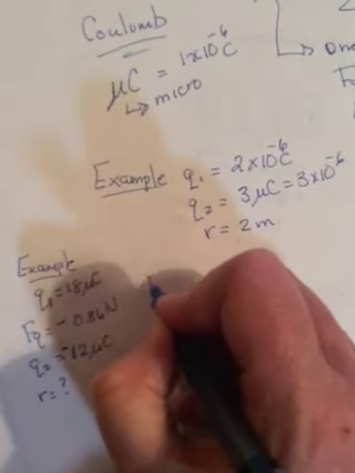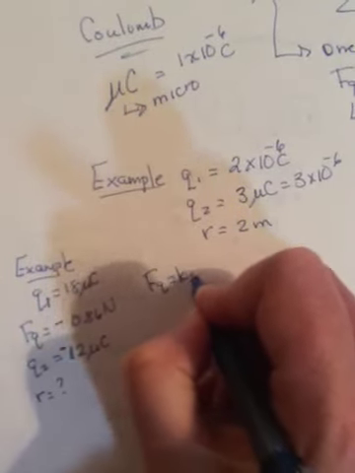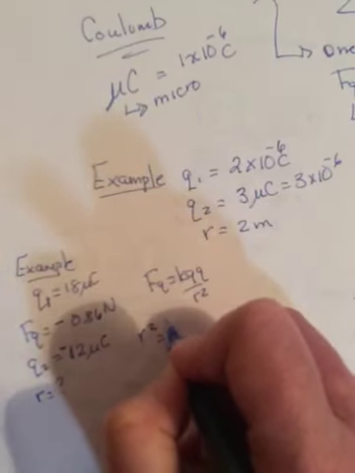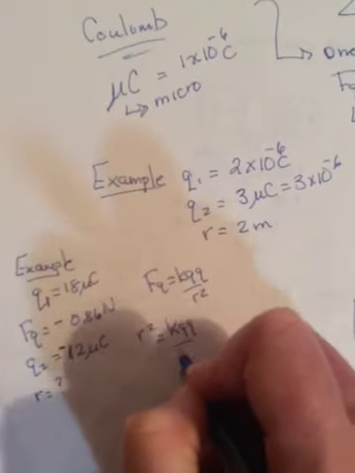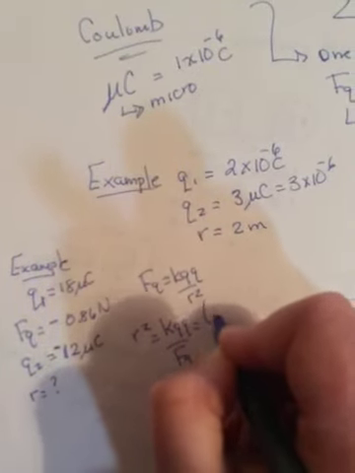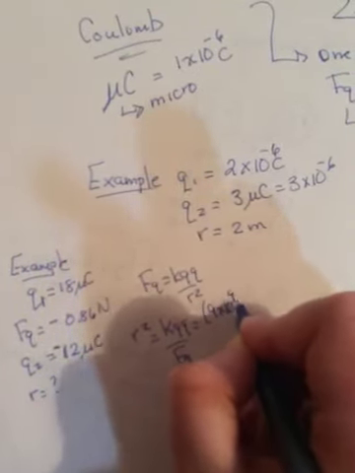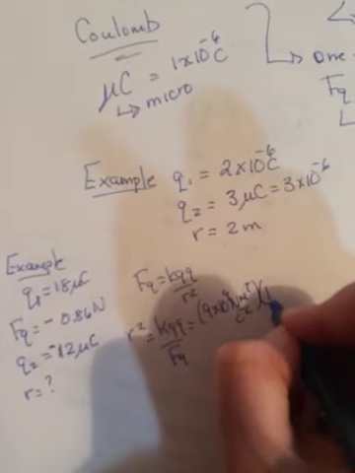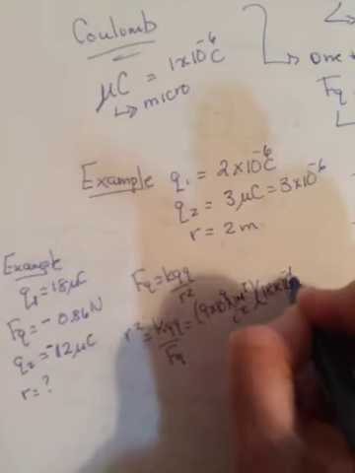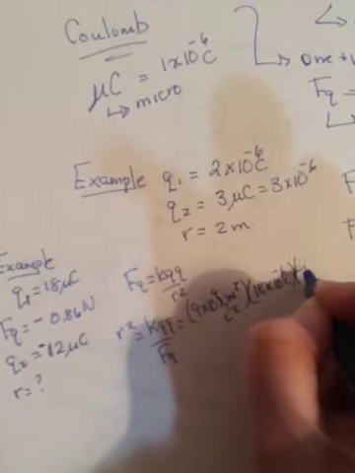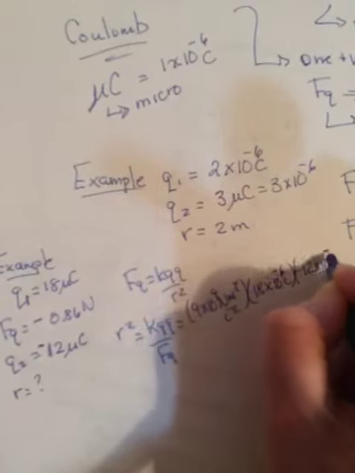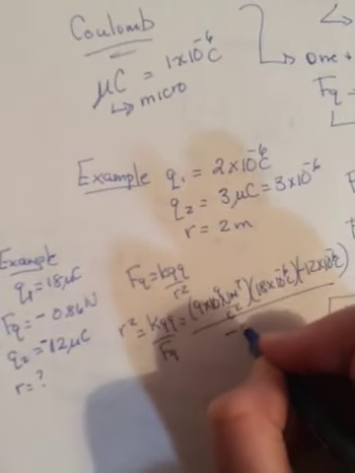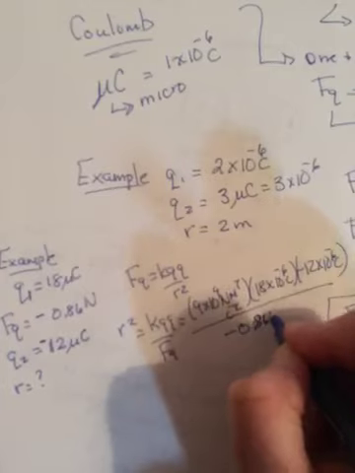And so you would do FQ is equal to KQQ over R squared. So R squared is equal to KQQ over FQ. So 9 to the 9th newton meters squared per coulomb squared, 18 to the negative 6, negative 12 to the negative 6, and then it gets divided by negative 0.86 newtons.